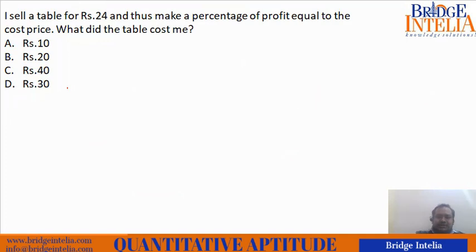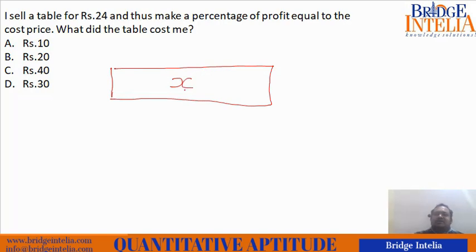Let's move to the next one. I sell a table for rupees 24 and thus make a percentage of profit equal to the cost price. So let's see what the question is trying to convey. So he first invested amount X. So let's suppose cost price to be equal to rupees X. What is being said?